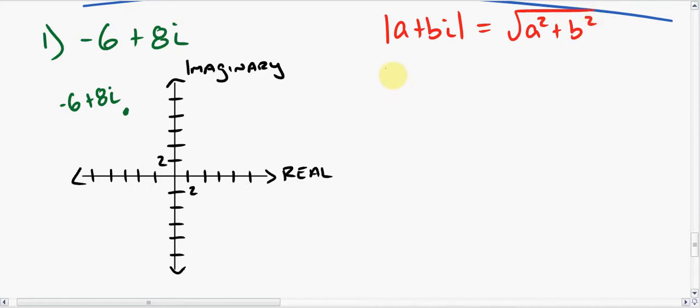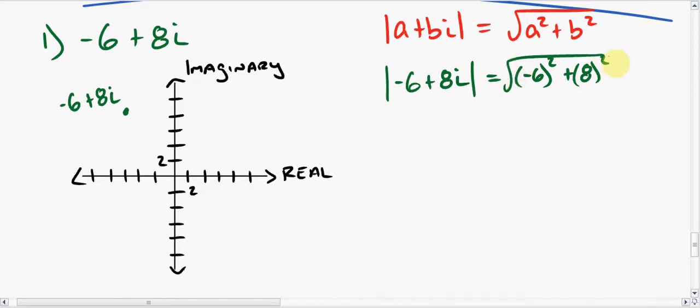So, if we wanted to take the absolute value of -6 plus 8i, we're going to square a, which is -6, and we're going to square b, which is 8. And then we'll take the square root. By squaring it, a negative will always turn to a positive, so -6 squared is +36. 8 squared is +64. We're going to take the square root of that sum.